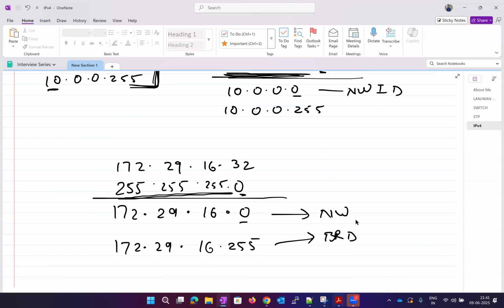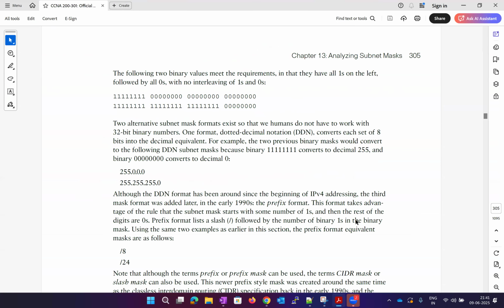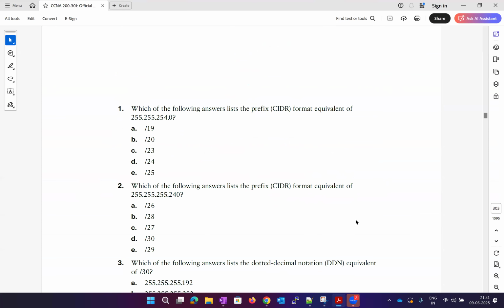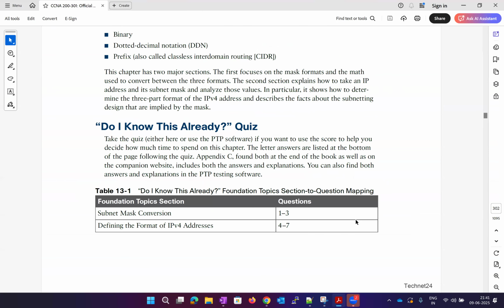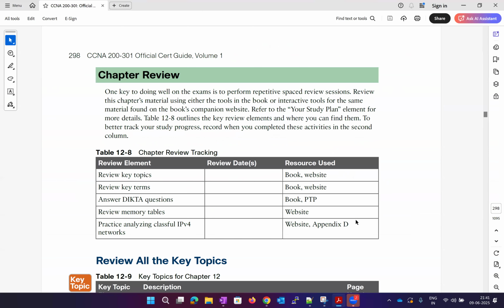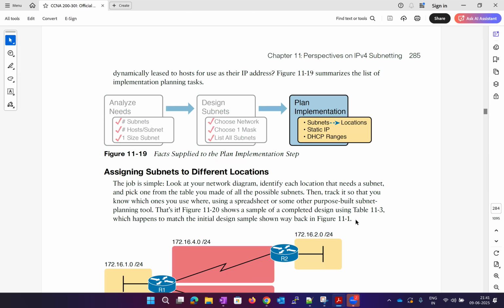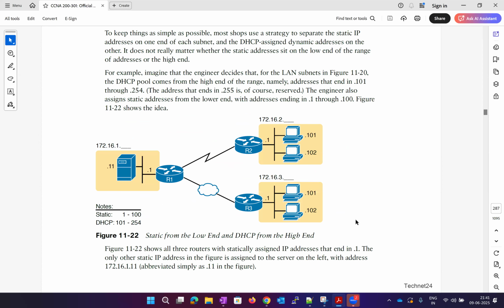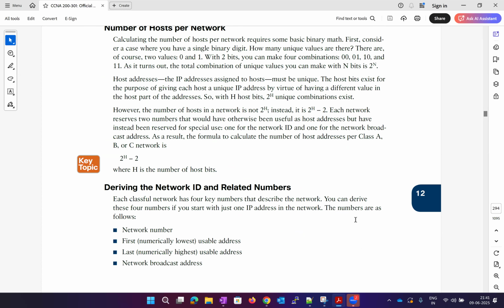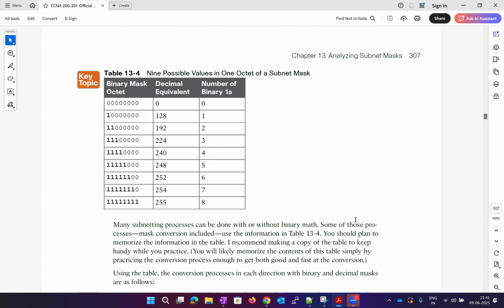Let's go back to our table. These are the numbers that you may find in an address mask.